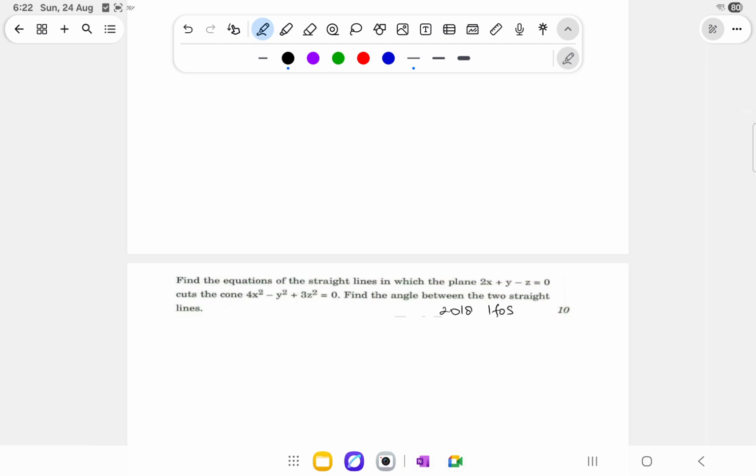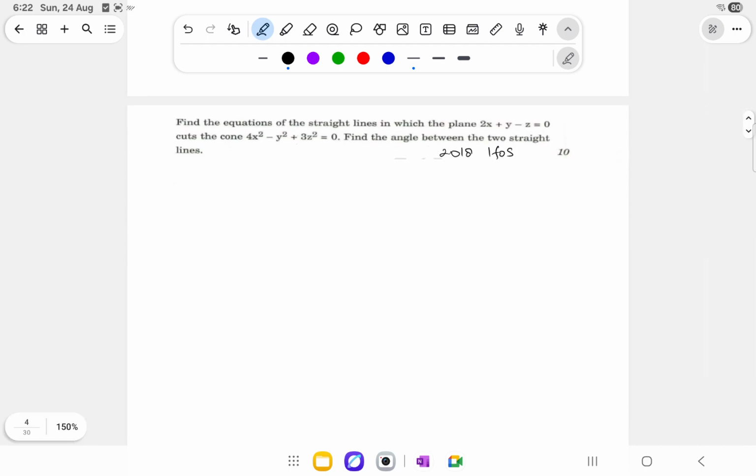The next question says: find the equation of the straight lines in which this plane cuts this cone. Also find the angle between the two straight lines. If you observe, the given cone is 4x square minus y square plus 3z square equals to 0.